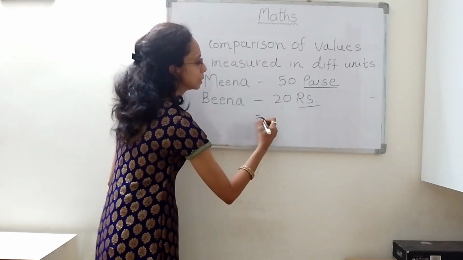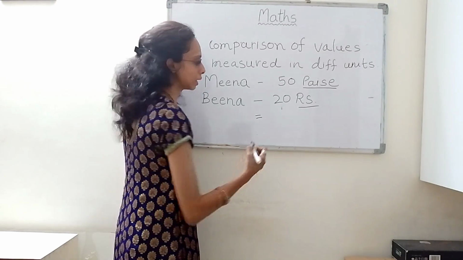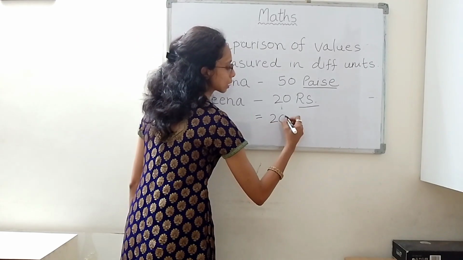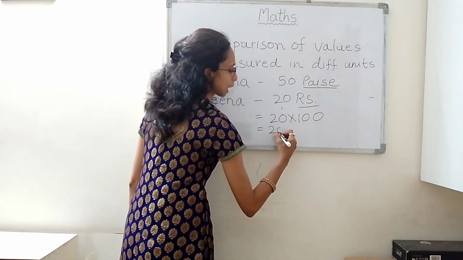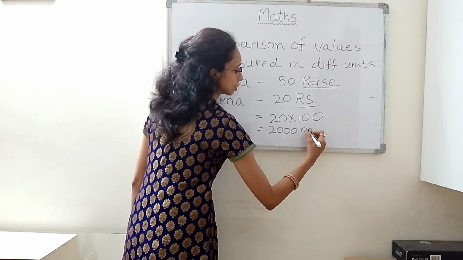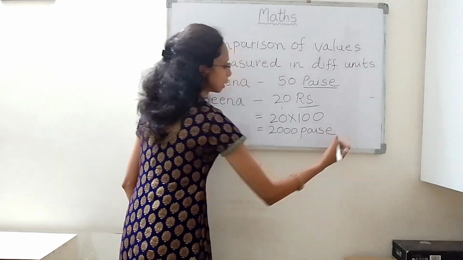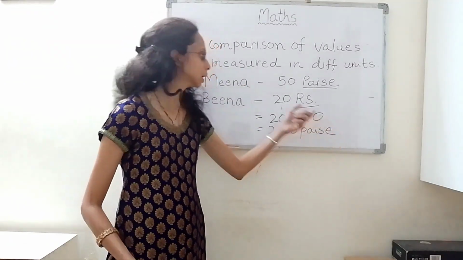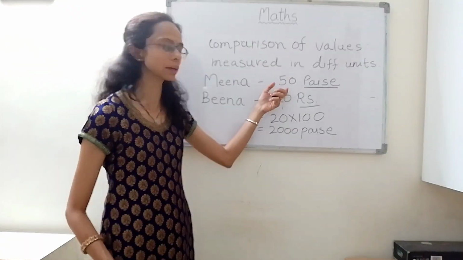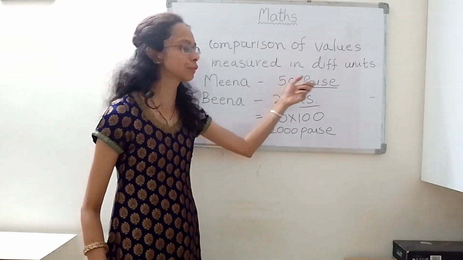The amount Beena spent is in rupees, so we convert it into paise. So we have 2000 paise. Now the amount Beena spent is 2000 paise and the amount Meena spent on the chocolate is 50 paise.